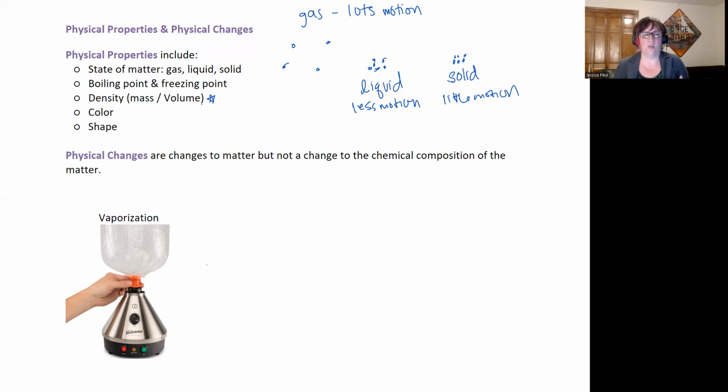Other physical properties include things like color or the shape of something. And so thinking in the context of cannabis, one of the types of physical changes that comes right to mind is evaporation or vaporization, same thing. When we vaporize something, we're shifting it from the liquid phase into the gas phase.